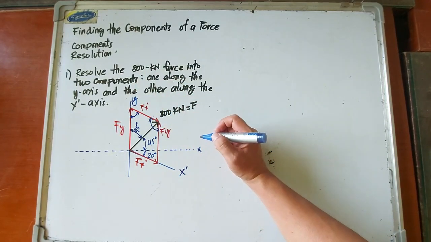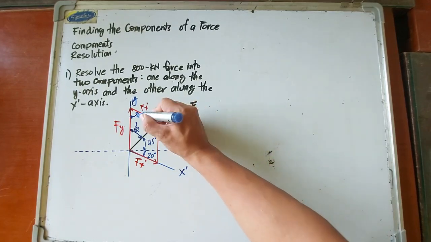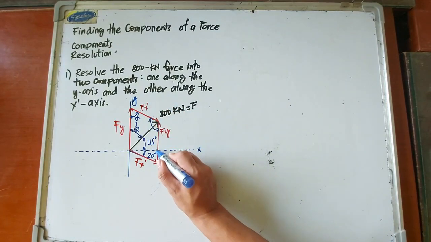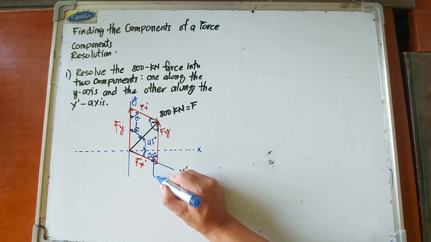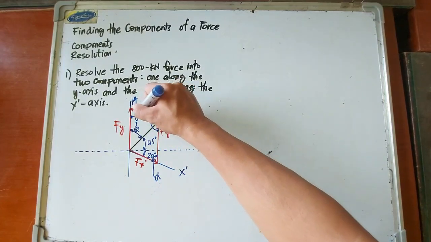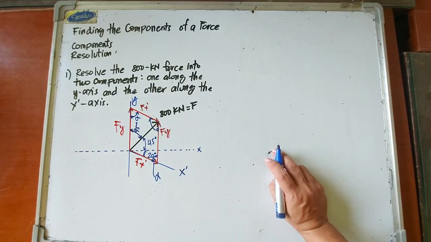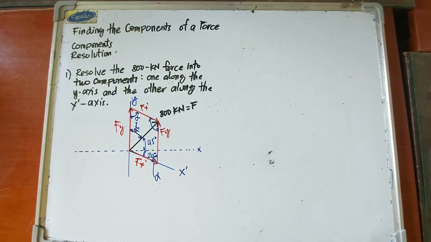Let's say angle, anong designation yan sa module natin? I think that is angle alpha. Let's say angle alpha. If this is angle alpha, this is also angle alpha. Angle alpha, this angle is also equal to this angle, which is 45 plus 90 plus 20, that is 110 degrees. So we can solve for angle alpha, an interior angle in the triangle.